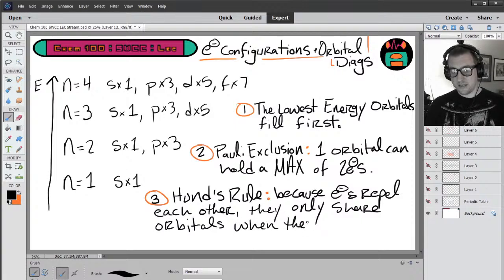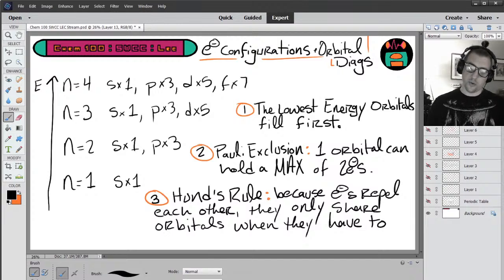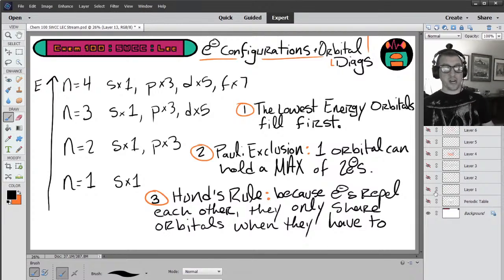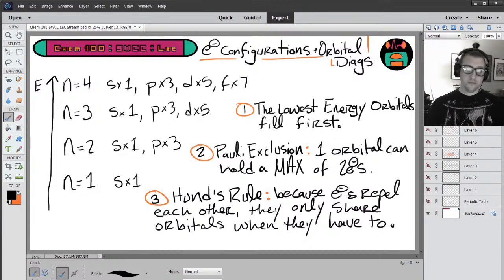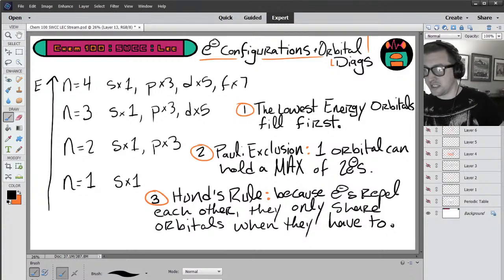They're like kids. They only share a room when they have to, right? When you've run out of space elsewhere. And we'll see examples of all of these as we start doing some of these examples.